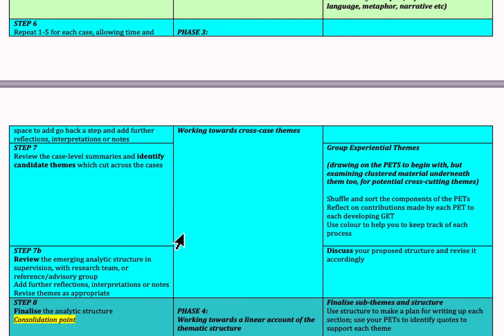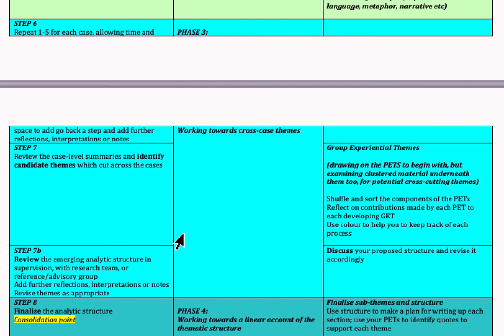Again, this is often done by reviewing the case level summaries, thinking about potential candidates for themes which might cut across the cases, or which might bring your existing person experiential themes together around a new formulation or concept that makes sense of a particular pattern within the cases.